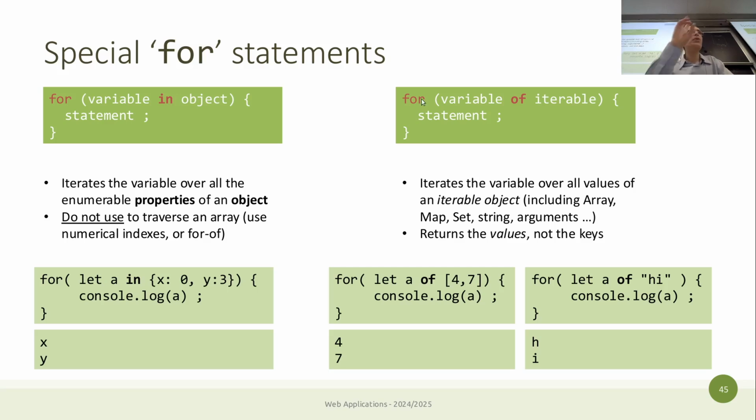And the for that iterates over the elements as it does, for instance, in Python and so on, is for of. Always for of. So if you have an array, it iterates over all the elements of the array. If you have a string, it iterates over all the elements of a string, and so on. It means the single characters.